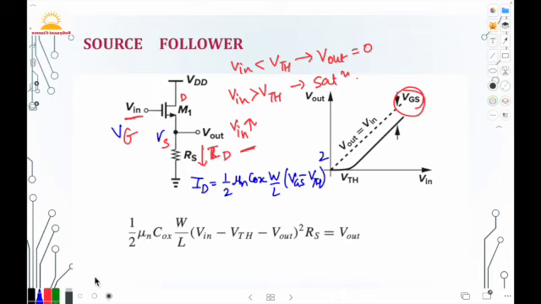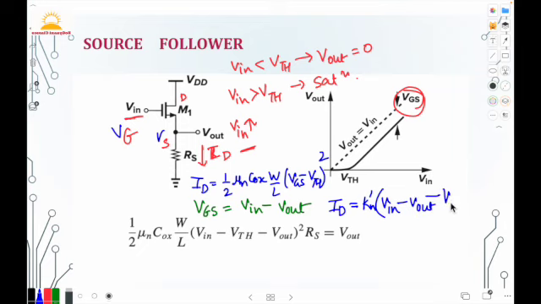So we can write VGS is Vin minus Vout. Using this in the equation, with Kn dash as half mu n Cox W by L, the drain current is Kn dash times (Vin minus Vout minus the threshold voltage) whole squared.